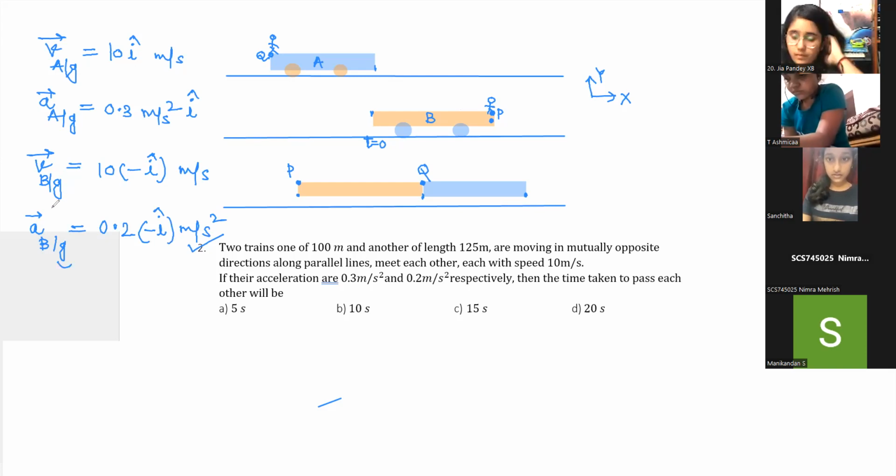Now we have the common frame of reference as ground here. Okay. Now to cross each other, how much distance P has to travel with respect to Q, or Q has to travel with respect to P? Can you find displacement of P with respect to Q?